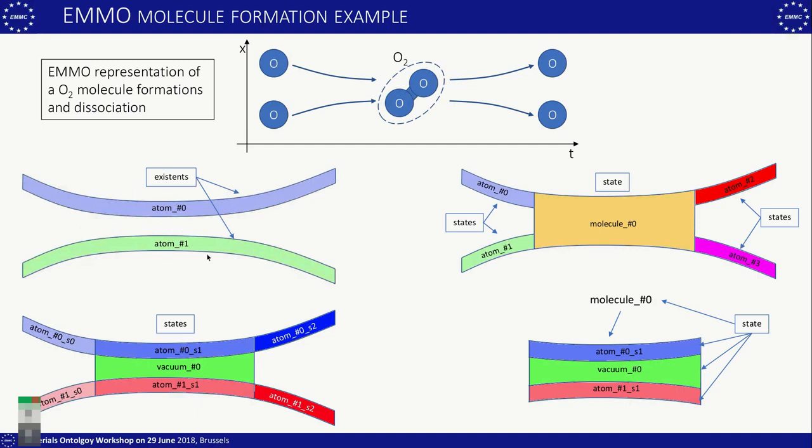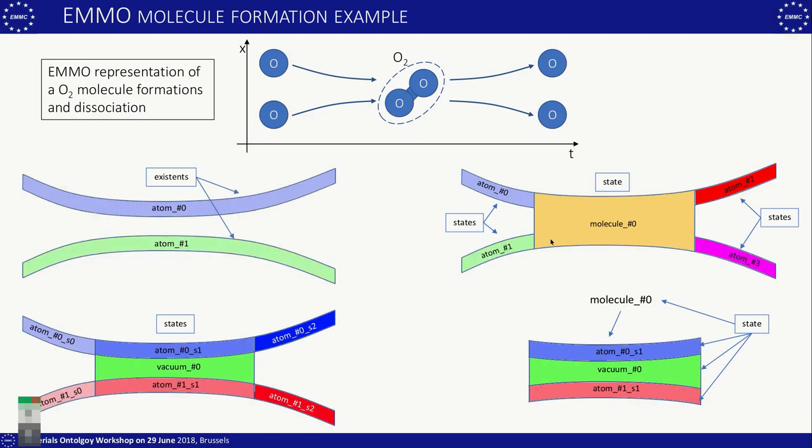But in this view, we are doing classical molecular dynamics, in which we have an oxygen atom and another oxygen atom here, and they are still oxygen atoms from the beginning to the end, and they have forces between them due to the interaction potential.